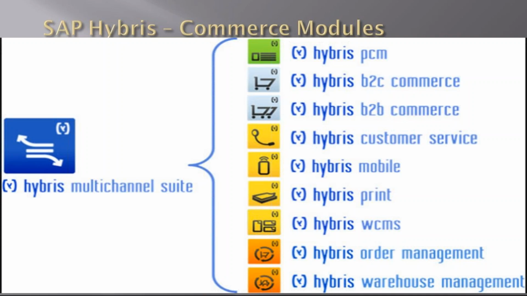PCM maintains the products of our website, whereas WCMS handles the background design, or web page design, such as how we design a footer, header, and components. For that kind of web page designing, we use the cockpit called the WCMS cockpit.